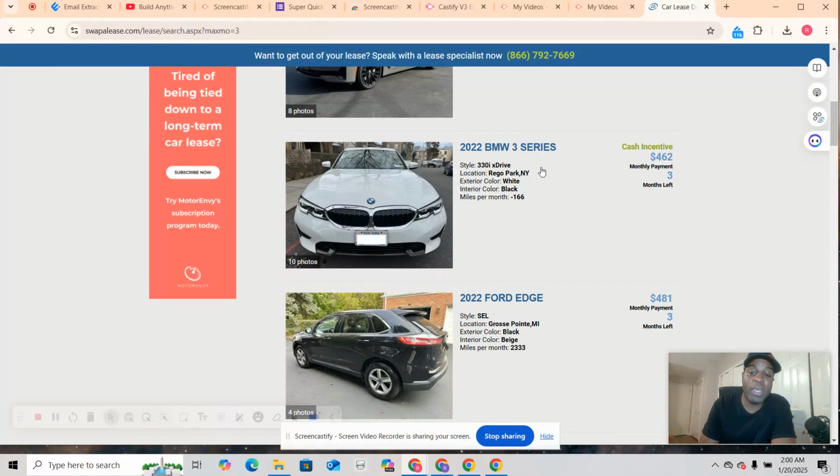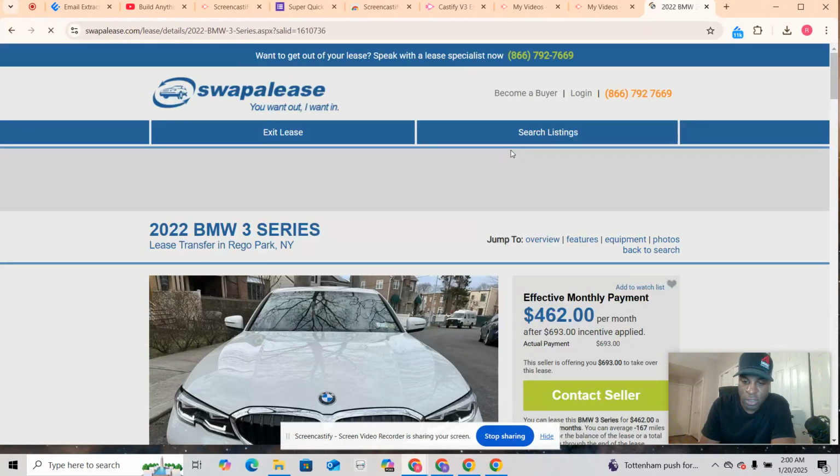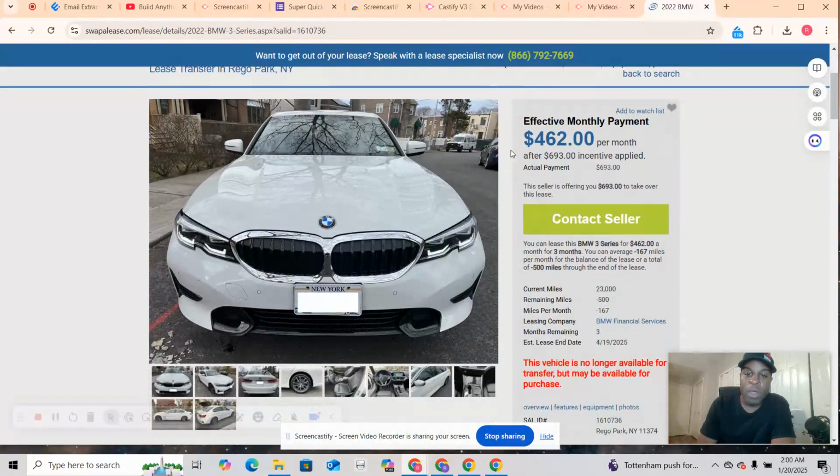This BMW is a great lease to take over because it has 3 months left, which is only 468. This would have been a good lease to take over because it was marketed as having 3 months left, with a cash incentive of 693.